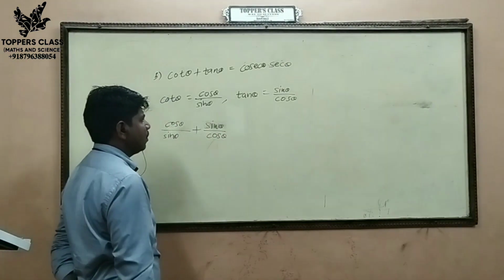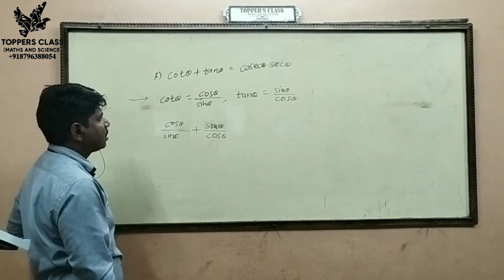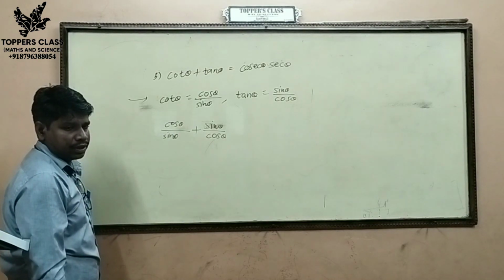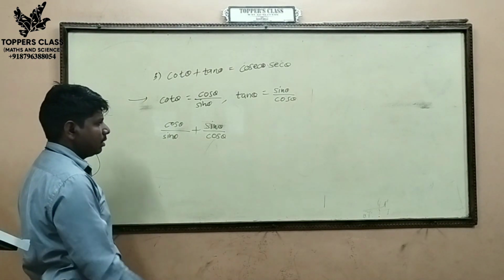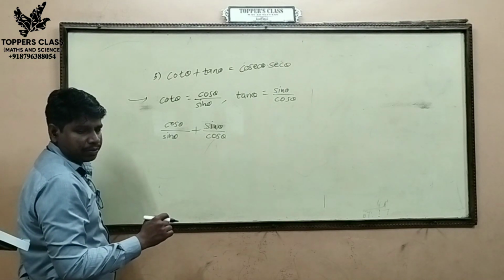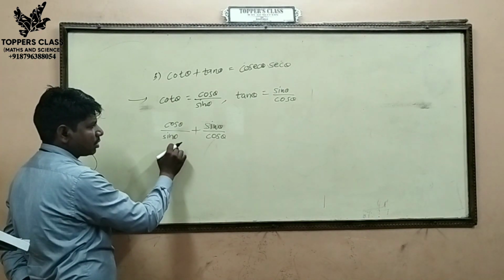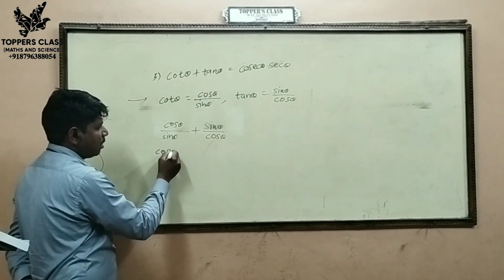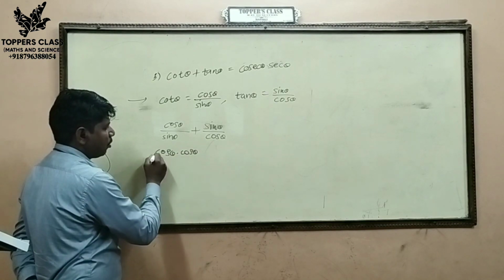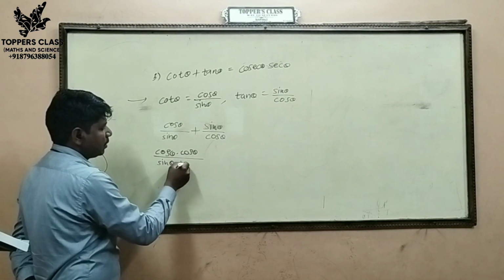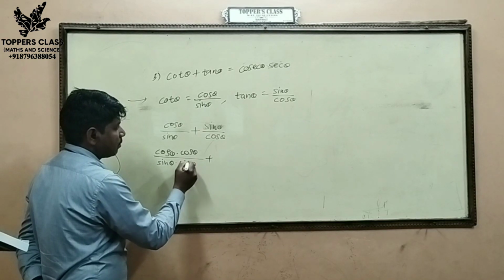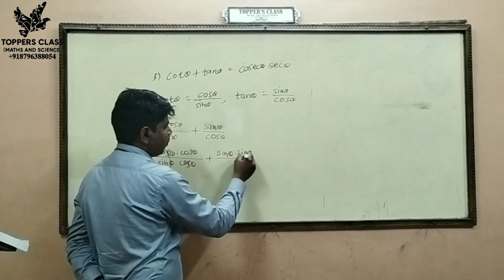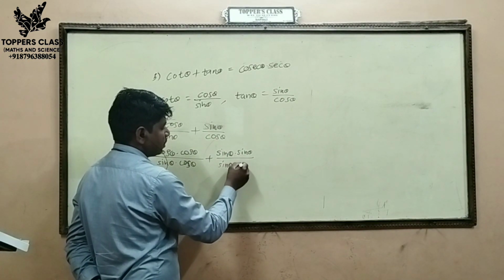Now, if you see this cos theta upon sin theta plus sin theta upon cos theta, we have to add it. Then we have to do the cross multiplication, both sides. So we will take cos theta multiplied by cos theta upon sin theta into cos theta, plus here we multiply by sin theta into sin theta upon sin theta into cos theta.